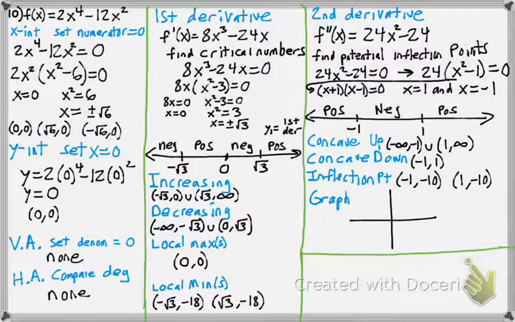So this is a ton of information here. We can use this information to graph. If you want to graph it on the calculator to also confirm what we've done here, you'll see that it looks like this.